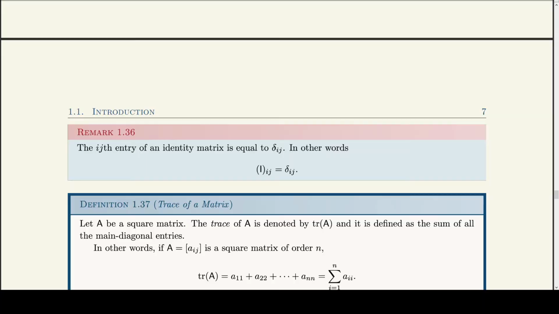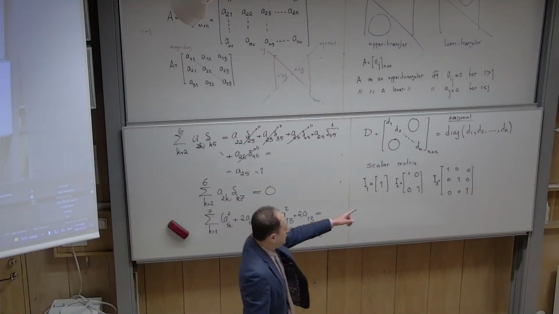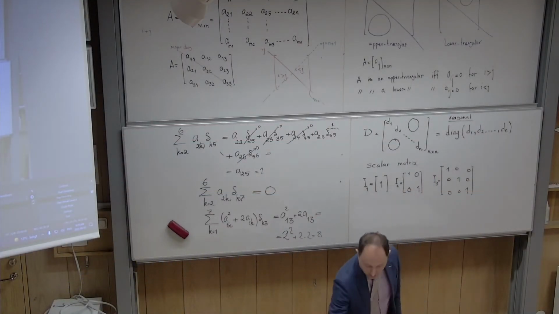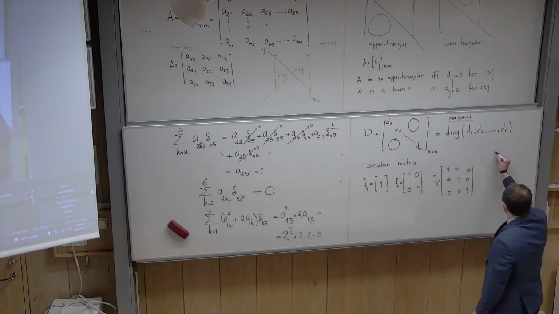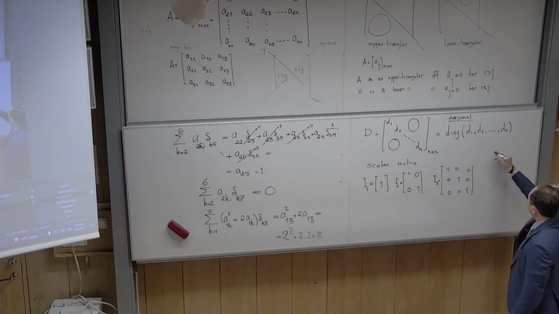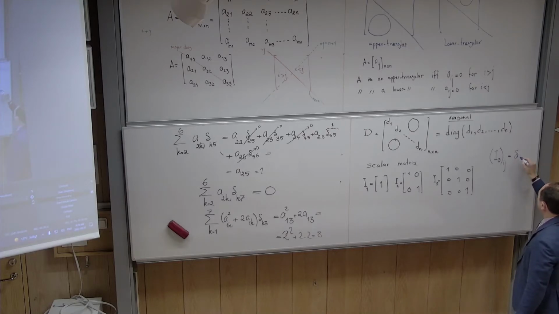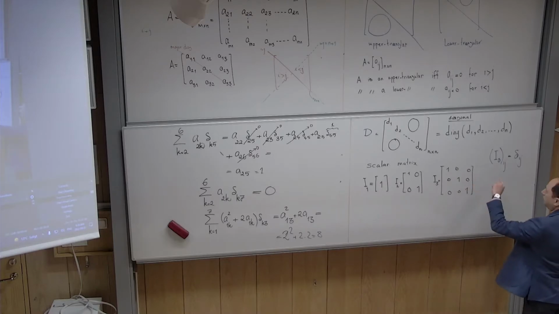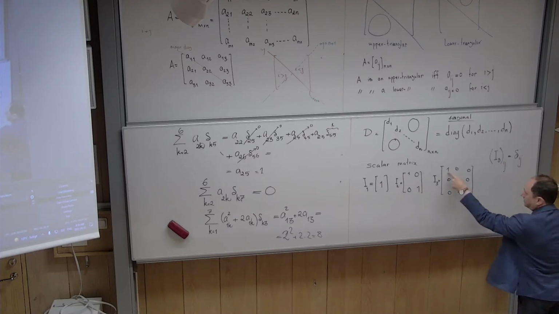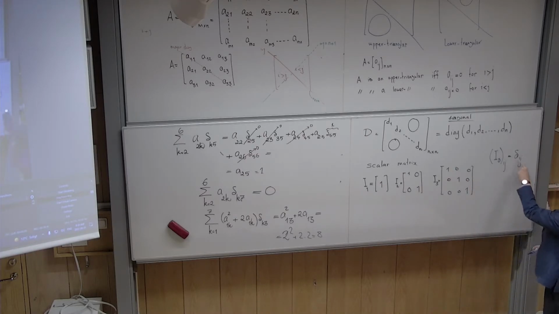Here I can say that for this identity matrix 3, the entry on the ith row, jth column, do you agree that I can immediately write the Kronecker delta in front? Why is that? Because if i and j are equal in this matrix, you see that the entry is 1. And that is happening exactly for delta. If i and j are equal, delta is 1. So that is correct.